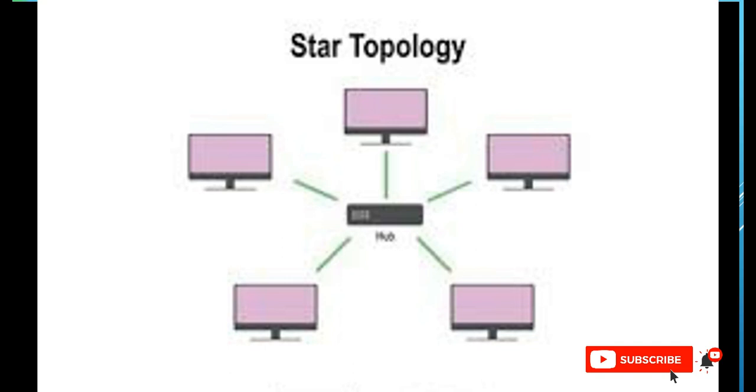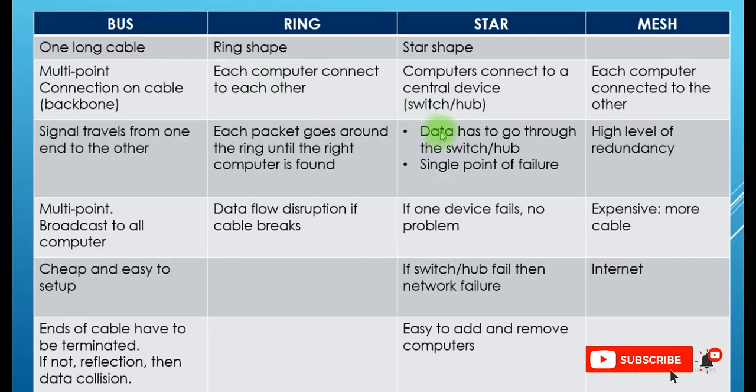Now, an advantage of this type of topology over the previous two is that if one of the nodes is down, if one of the computers on the network is down, then it does not disrupt the communication process in terms of the data being able to get to another computer on the network, because there is a separate cable that hooks up each computer to that central device, whether it be a hub or a switch.